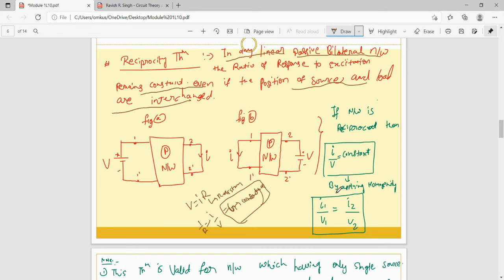Now, if this is a constant value, we can also apply the homogeneity property, okay. That means for any two networks, you can take the ratio between the two networks. For example, see here, there are two circuits given to you, and you use the reciprocity theorem in that circuit.